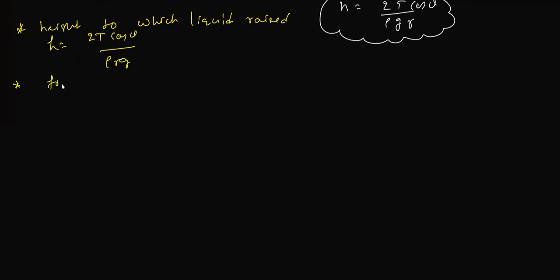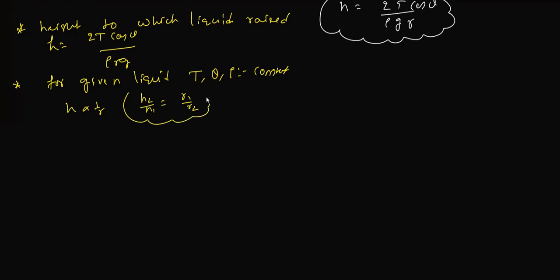Second point: for a given liquid, if tension, theta and density are constant, all these things remain constant except the radius. The g value is already constant. So h is inversely proportional to r. Therefore h2 by h1 equals r1 by r2. These concepts will be useful while solving numericals.